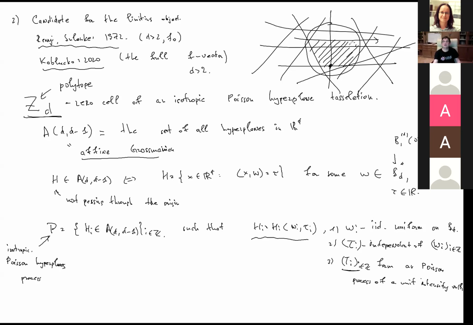So this is our Z_d, the unique cell containing the origin of the disjoint tessellation of R^d by this Poisson hyperplane process. Just take a look at this picture and you see what Z_d is.